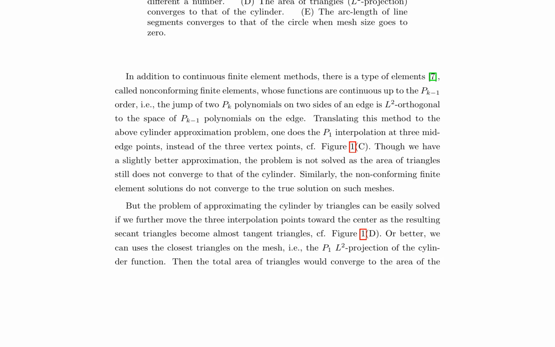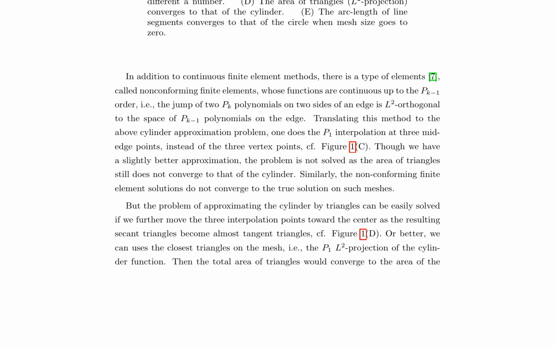A novel solution to this problem involves moving the interpolation points towards the center, effectively creating almost tangent triangles. Alternatively, using the P1 L2 projection of the cylinder function enables the total area of triangles to converge to the area of the cylinder. This approach ensures that the arc length of line segments converges to that of the circle as the mesh size approaches 0.